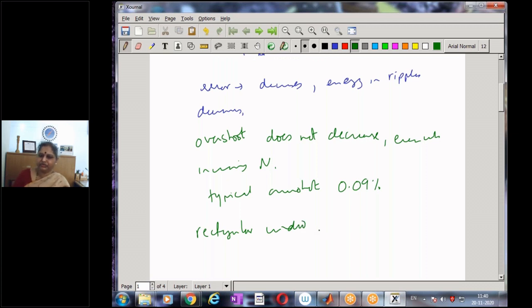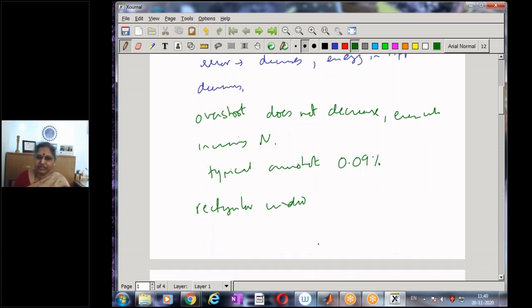Hence we need to explore whether we can come out with other window functions where the problem of overshoot is removed. Can we come out with a solution wherein the overshoot is not present in the designed FIR filter?